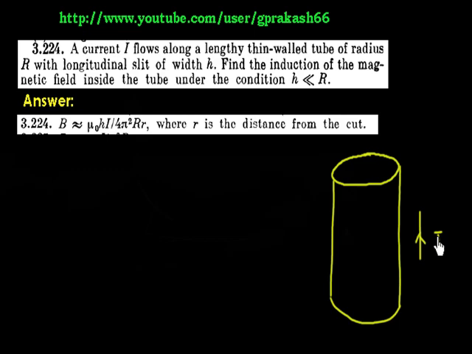Now the question says there is a longitudinal slit of width h. So I have to have a width here, a slit. So let me make a slit here. Somewhere here you have a slit, and this slit goes up to here, and it is also again here.